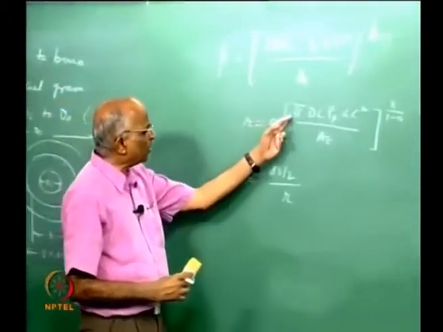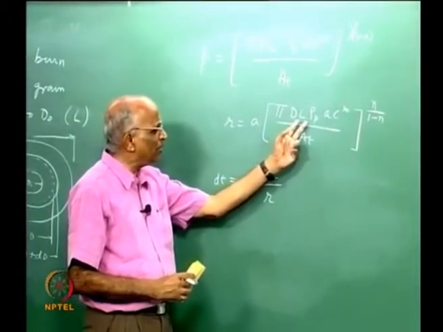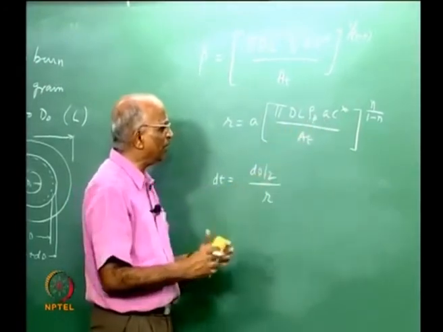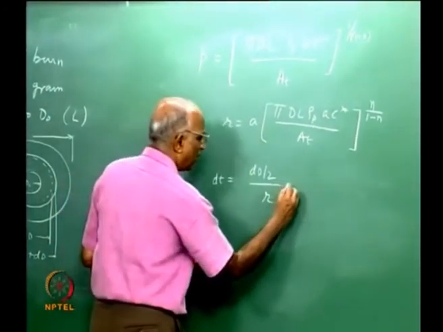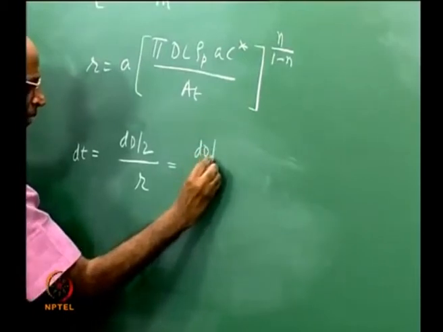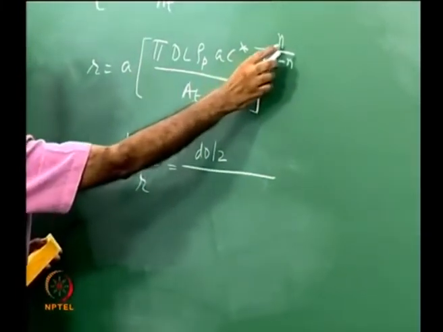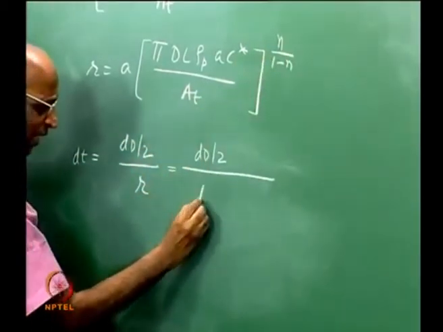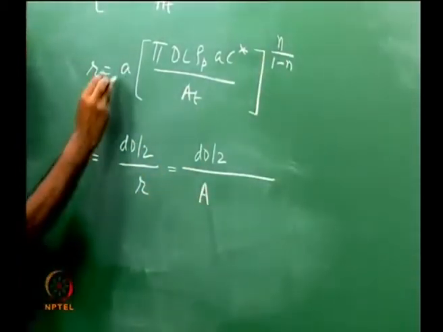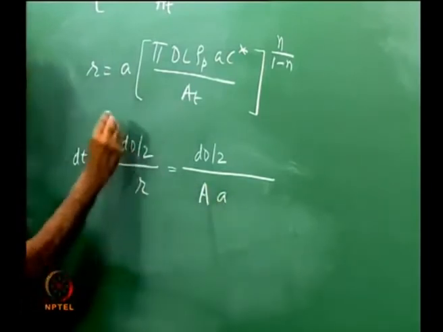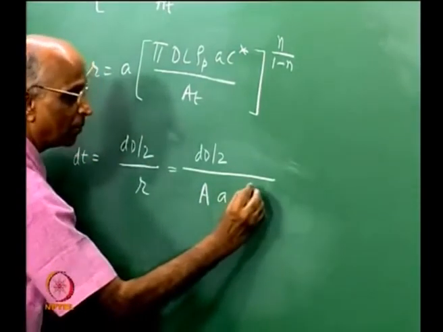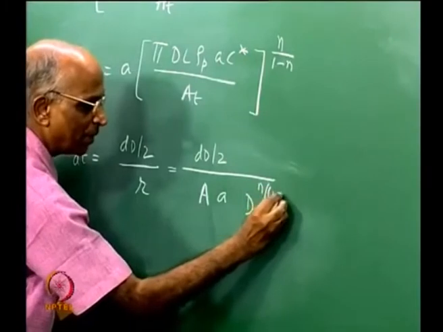Pi is a constant, length is a constant, d is variable, rho p is a constant, and all these are constants except d. Therefore, I can write this as dd divided by 2, divided by a, where I take all the constants to the power n minus 1 as, let us say, a, and then d to the power n by 1 minus n.